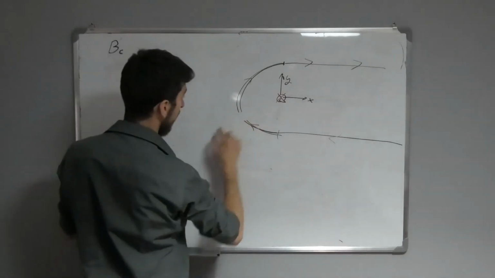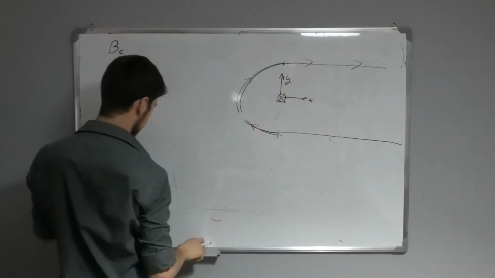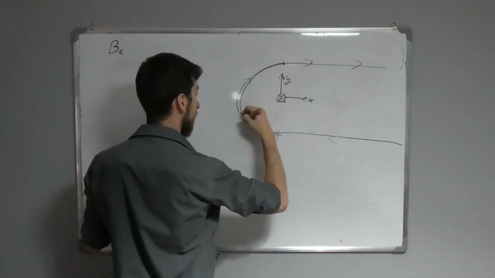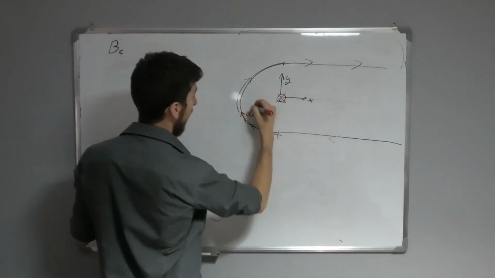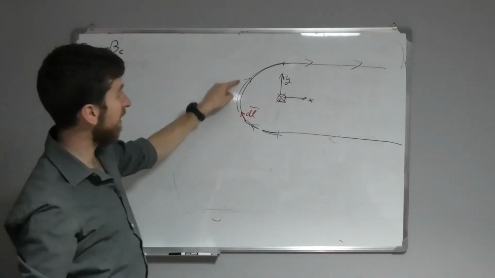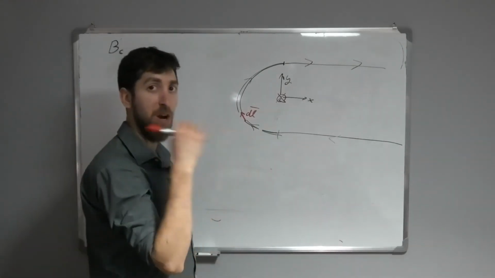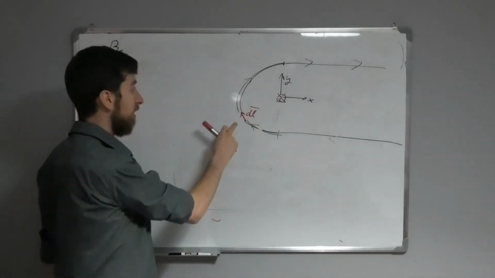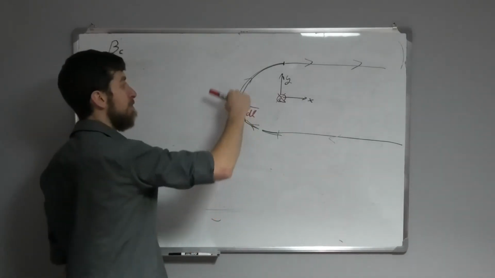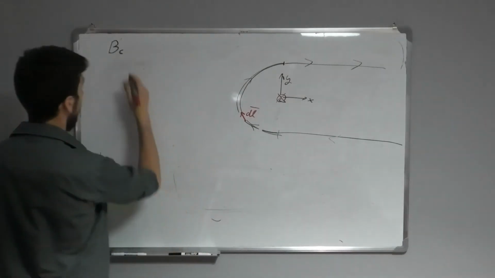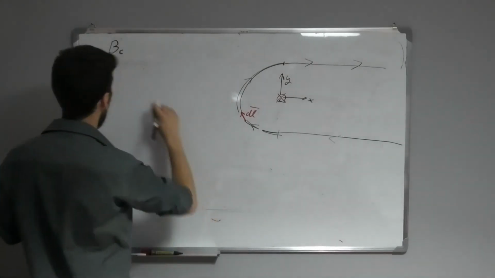So this part, okay, for example, only this one, how it contributes. This is dl, okay, and dl is always pointing in the direction of the current, because it's the velocity, where the charges are moving, that's where it's coming from. So it's pointing in that direction, okay. So let's actually do the formula.